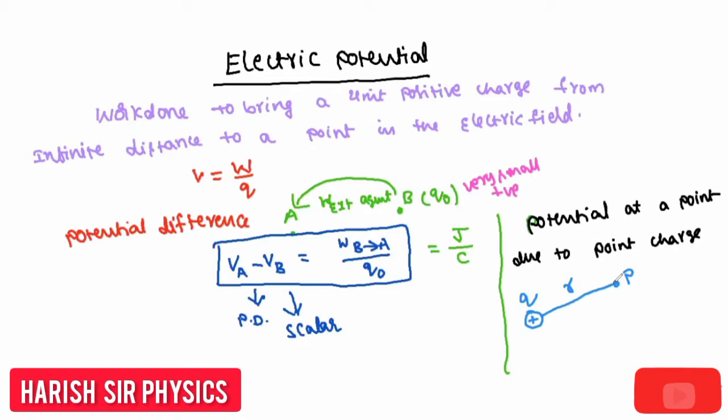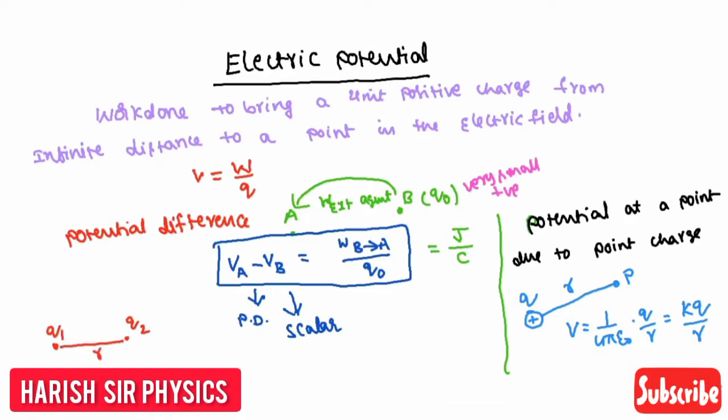Potential due to a point charge: V is equal to 1 by 4 pi epsilon naught into Q divided by R. 1 by 4 pi epsilon naught you can write as K, so KQ divided by R. Suppose you take two charges Q1 and Q2 separated by a distance R, then the potential energy U is equal to KQ1Q2 divided by R. This is the potential energy.